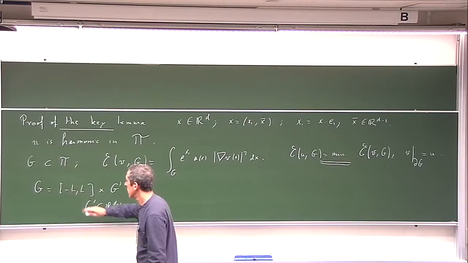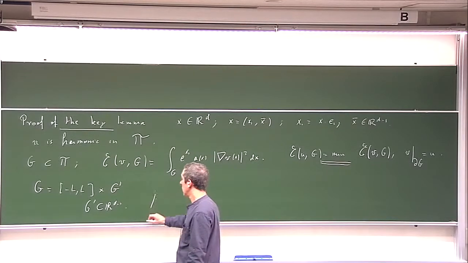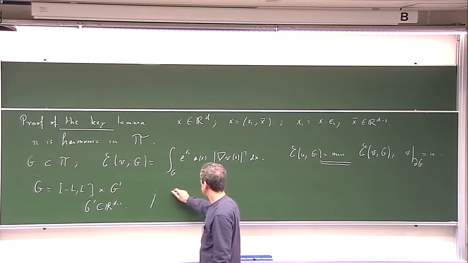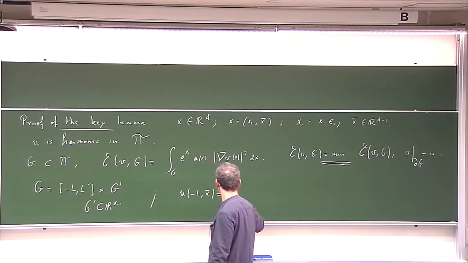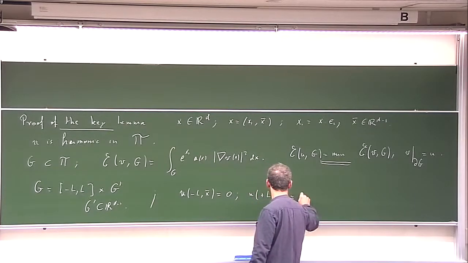There is 1 part at minus L, 1 part at L, and then something from the boundary of G prime. But as far as minus L and L are concerned, the boundary conditions are easy because U of minus L, x bar is 0, and U of plus L, x bar is 1.